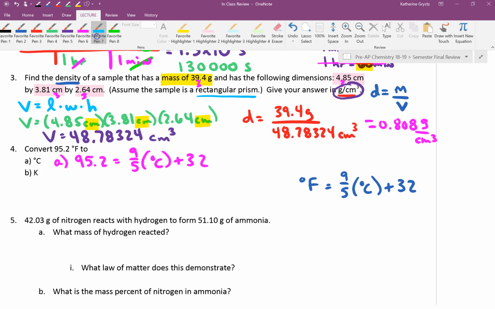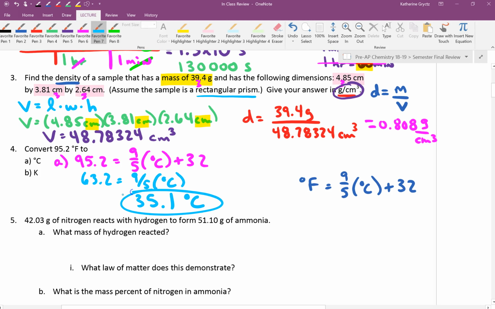So the first thing we would do algebraically would be to subtract that 32. And then we would get 63.2 equals 9/5 times the degrees Celsius. And then you divide by 9/5 or multiply by 5/9. Okay, so your degrees Celsius would be 35.1. Okay, so that's the answer to A.